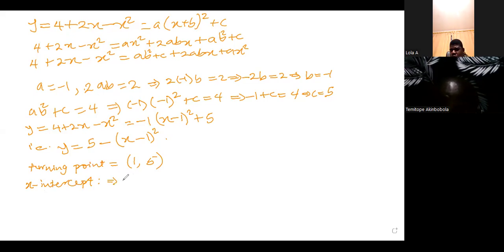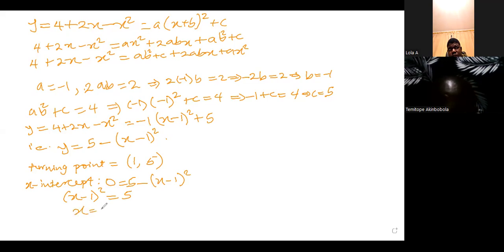So this implies that, let me write it in that order so that you'll be abreast of it, y is 0. Now 5 - (x - 1)² equals 0. If you rearrange this, take (x - 1)² to the left-hand side, so you have (x - 1)² equals 5.